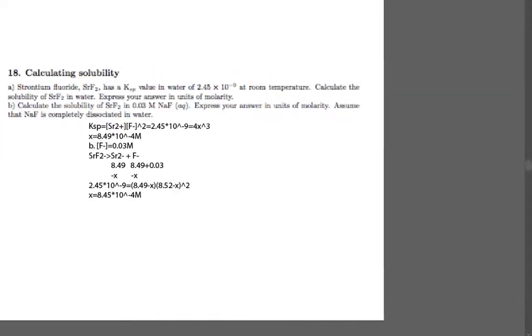And so with the rest of this one here, the answer is actually 8.49 times 10 to the power of negative 4, times 10 to the power of negative 4. What we can do is just ignore that and just put in 0.03 into the mix.